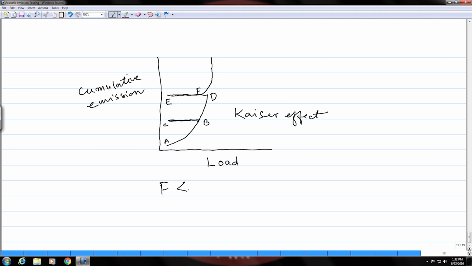is less than D, okay. The load at point F is less than point D. That means the emissions are occurring before the previous maximum load, which was D in this case. Okay. So, that means this particular phenomenon here is the Felicity effect, which is about occurrence of acoustic emissions before the previous maximum load.